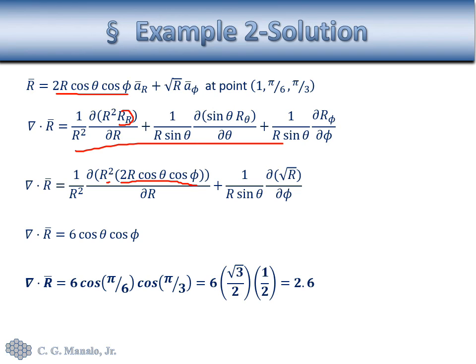Then we get the partial derivative with respect to r, and that will give us 2 times 3, 6 r squared, which the r squared cancels, and that will give us this one. Here, square root of r is treated as constant, so the partial derivative with respect to phi will be 0, and that should give us this result. Substituting the coordinates, that should give us a positive divergence.